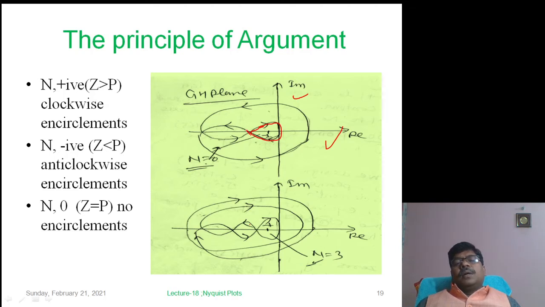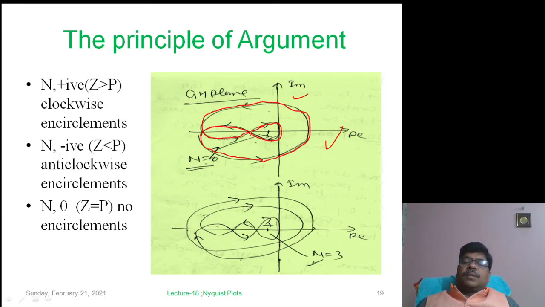Now moving like this, you can see the direction of contour movement has changed from clockwise to anti-clockwise, and it meets this point.